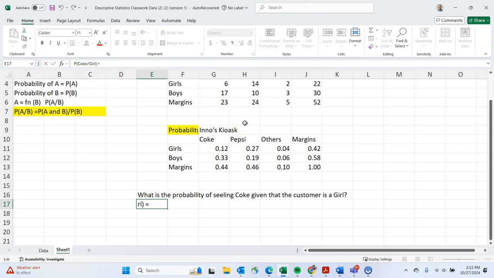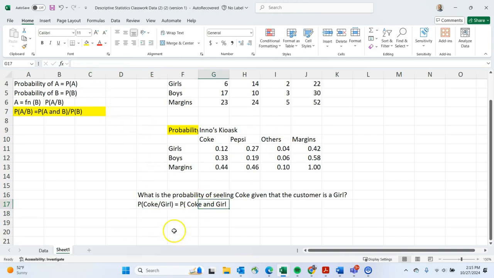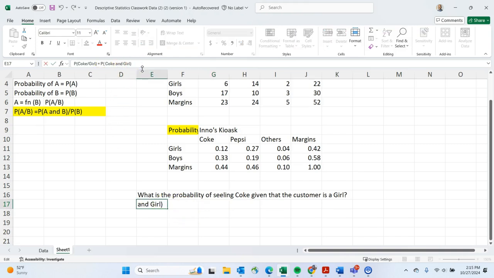Put an equal sign and write probability of Coke and girl divided by the probability of a girl.